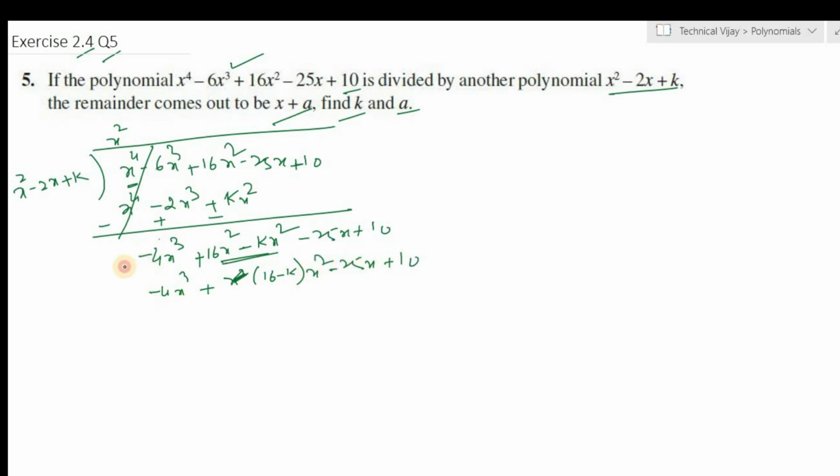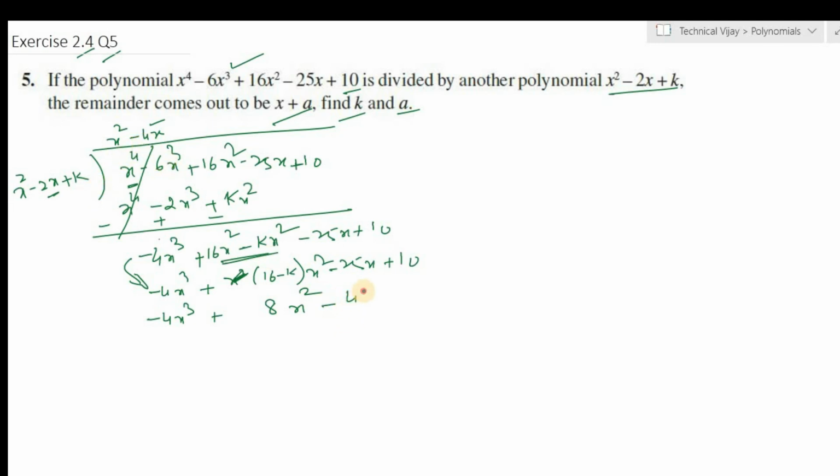Now minus 4x cube is there, so we multiply by minus 4x: minus 4x cube, then minus 4x into minus 2x, minus into minus plus, 4 into 2 is 8, so plus 8x square, then minus 4x into k means minus 4kx.